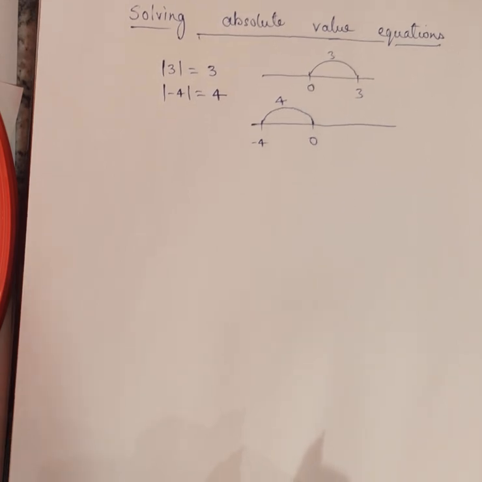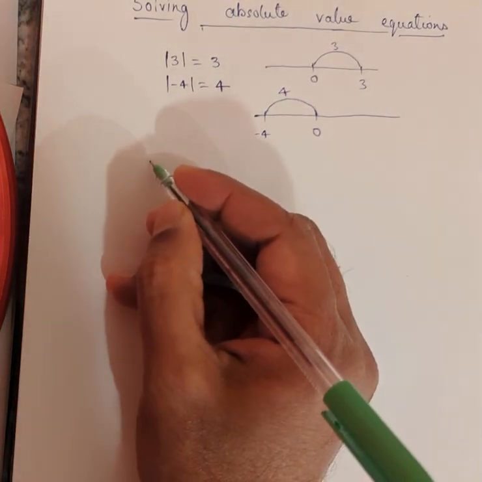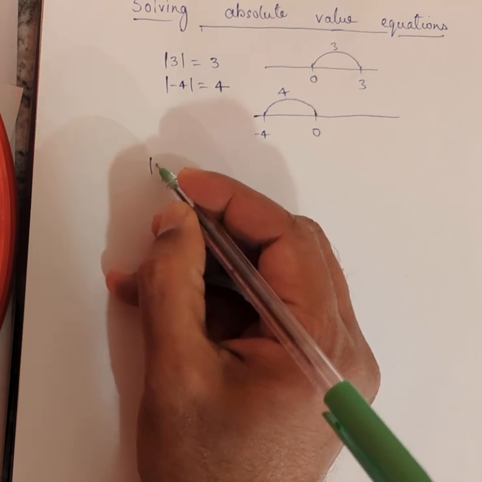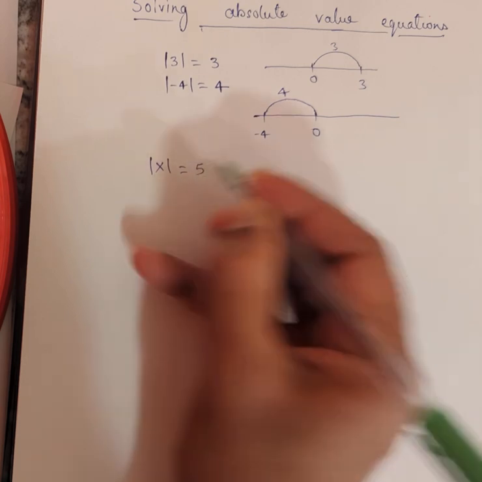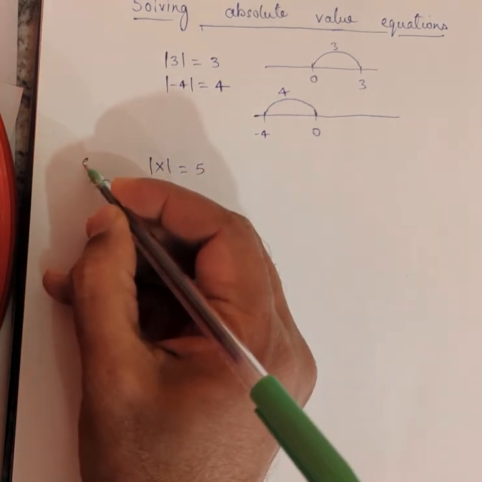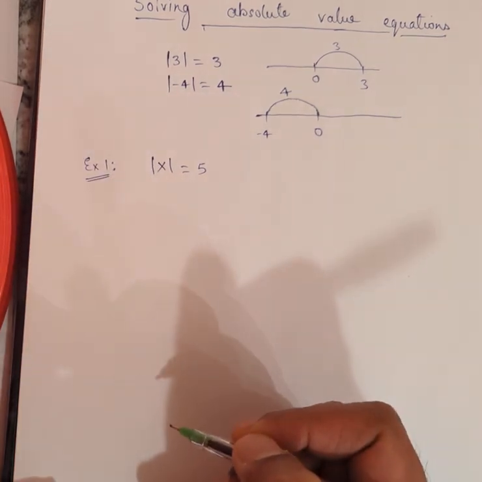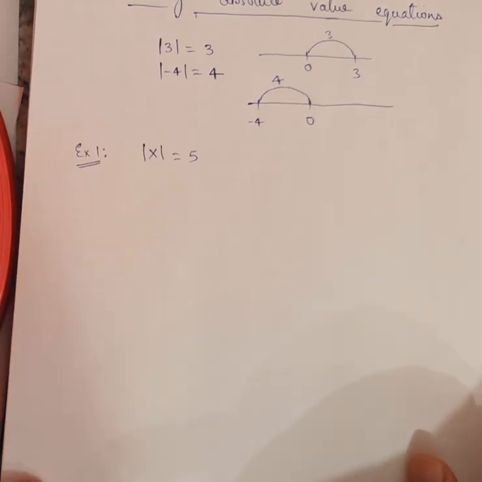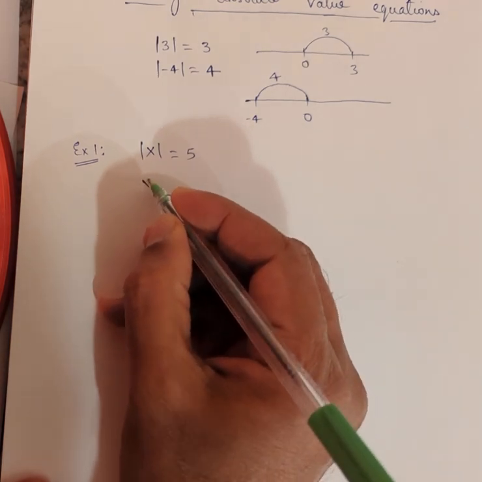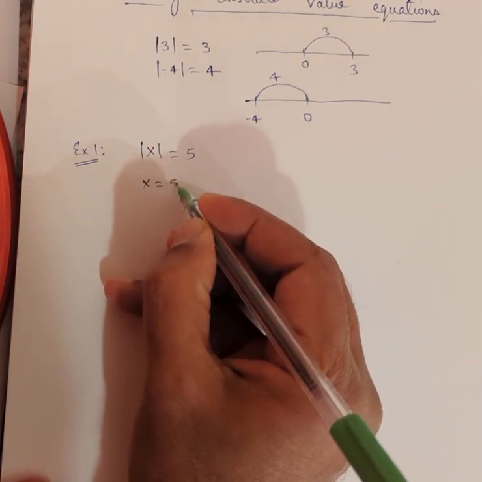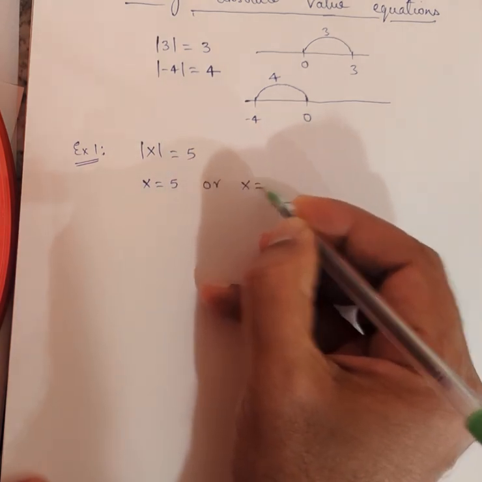Now, if you have an equation like this, absolute value of x is equal to 5. So let's call it example 1. Absolute value of x is equal to 5. Then the answer is x is 5 or x is equal to -5.